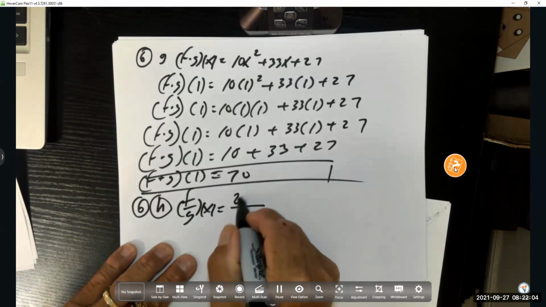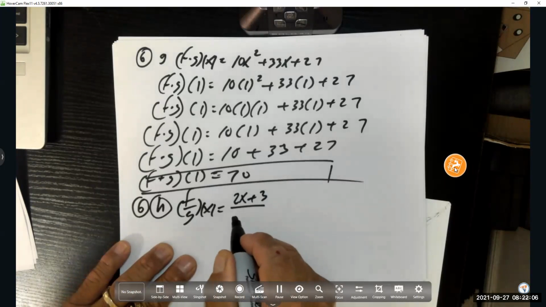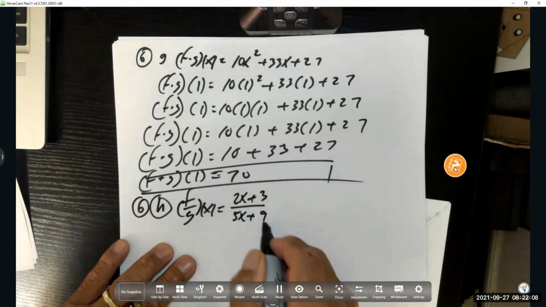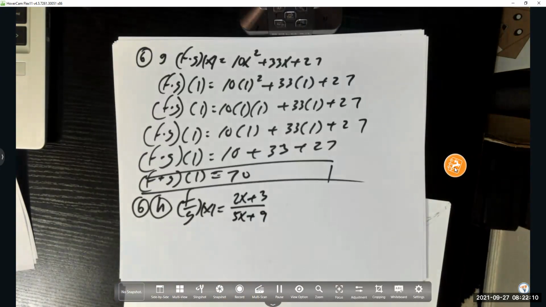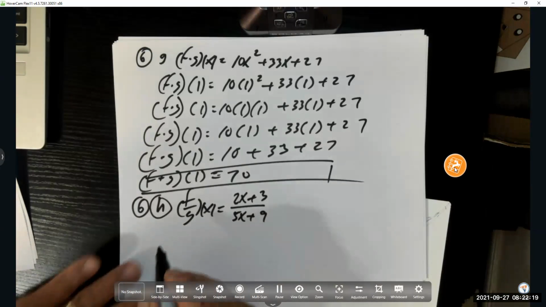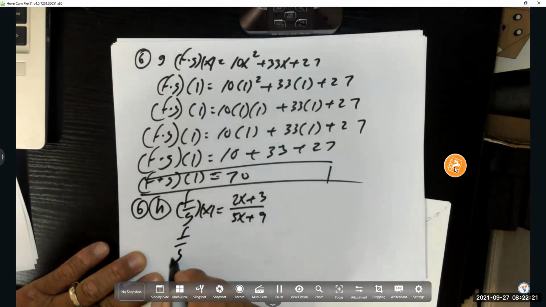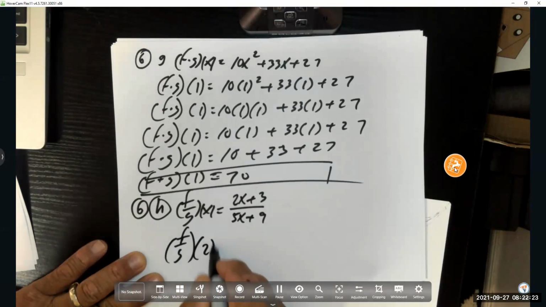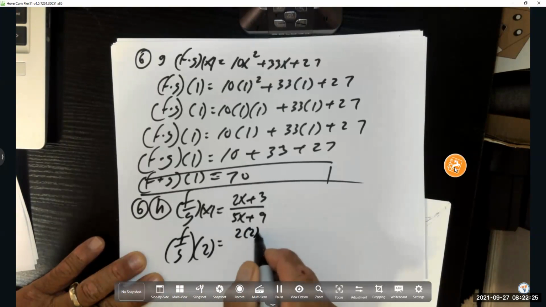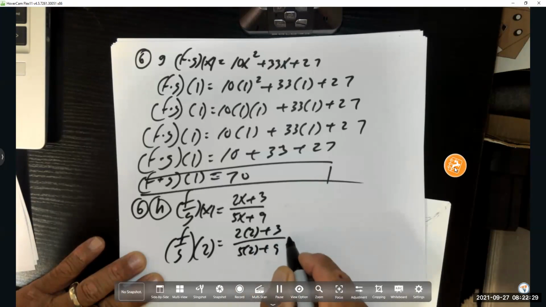It was a fraction, 2x plus 3 on top of 5x plus 9. On this one, it said to put the number 2 in there. So let's do f over g of 2. You're gonna go 2 times 2, calculator, 5 times 2.